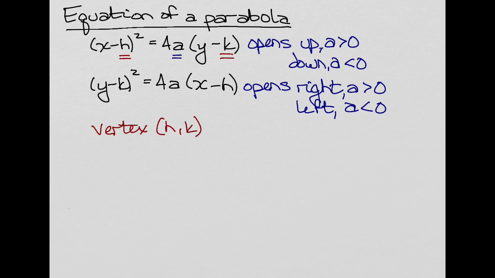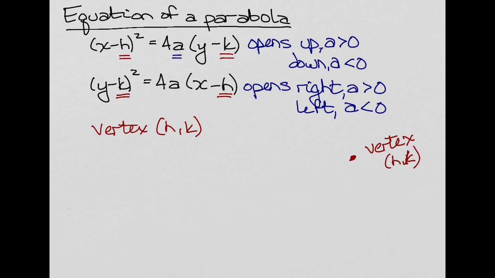Notice that regardless of version, h is with x, k is with y. So h is the x coordinate of the vertex, k is the y coordinate of the vertex. So let's see, I'm going to have a parabola open here, over here. There's my vertex. We'll build it up as we go. Coordinates of my vertex are h comma k.